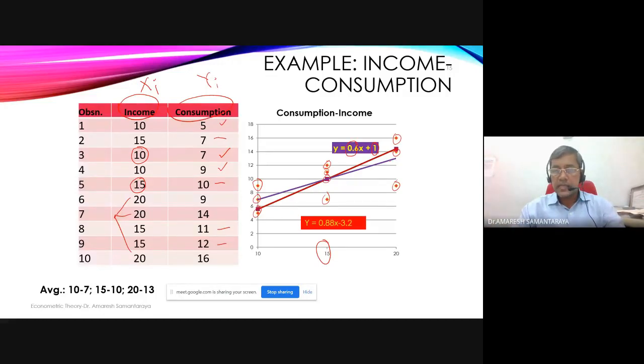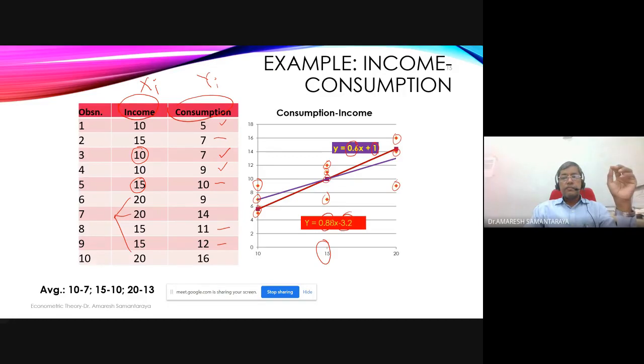If I fit the red line, my beta 0 is minus 3.2 and my beta 1 is 0.88. So depending on the values of beta 0 and beta 1, you have here two possible lines which you can fit to explain the pattern of relationship between consumption and income, right?